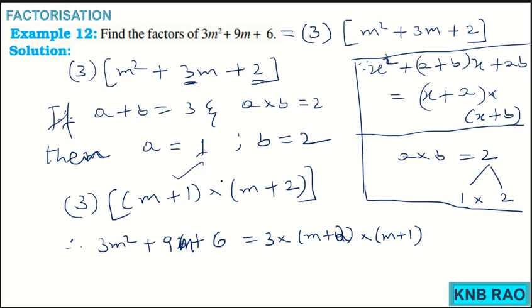I have written m plus 2 into m plus 1. Product, we know the associative property, a into b into c is a into c into b also, like we can write. It is the required factorization.